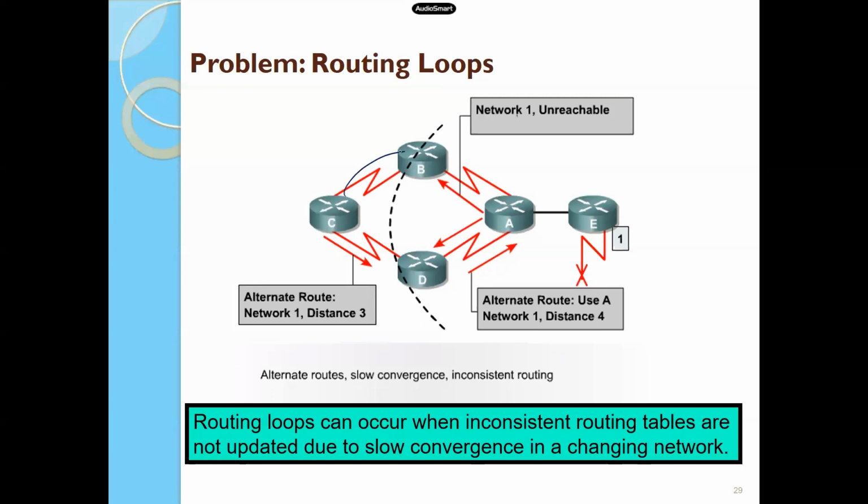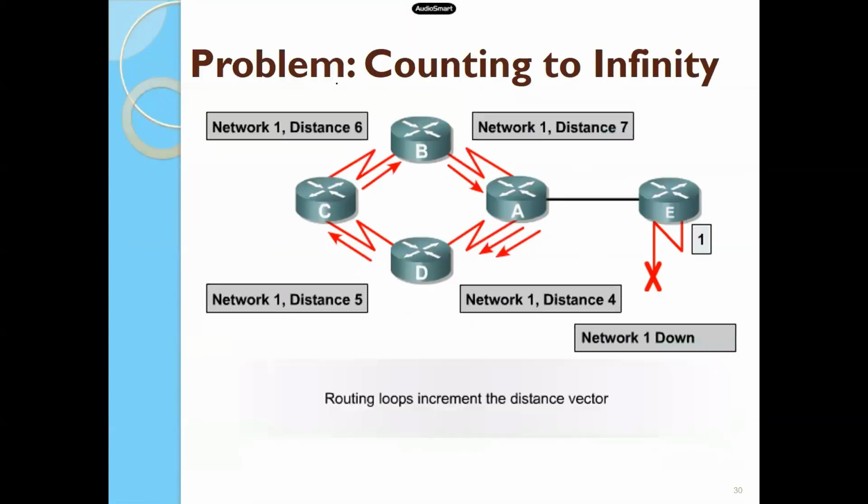So it sends this message. There's no connection here. It will go back, send to this one. No connection, and so on. It will keep doing that infinitely, and that's what we call counting to infinity. The message will keep hopping over the network, wasting time, taking bandwidth, and the distance vector will be incremented.